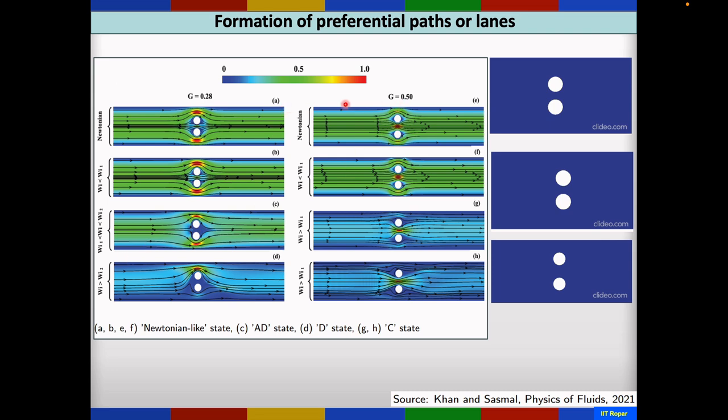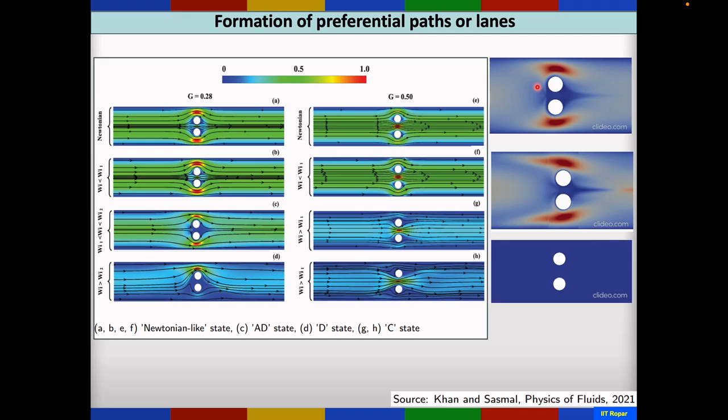In the case of a little bit higher gap ratio, we have seen the formation of that same converging state or C state. Now these are the videos where you can clearly observe the formation of those different flow states. So this is the diverging state, this is the asymmetric diverging state, and this is the converging state.